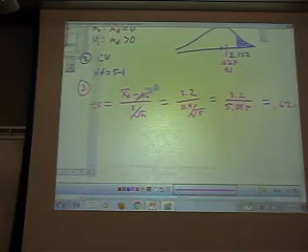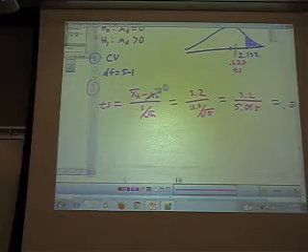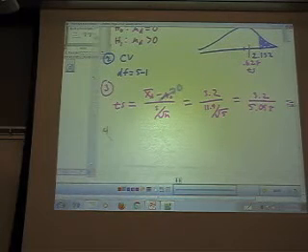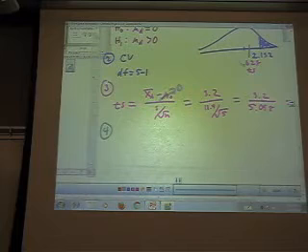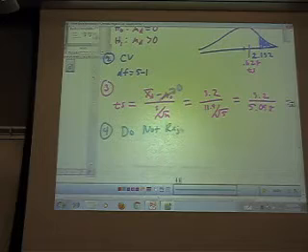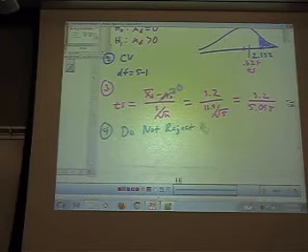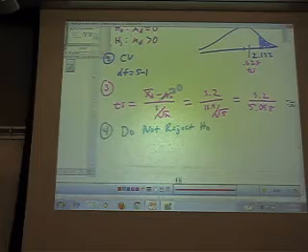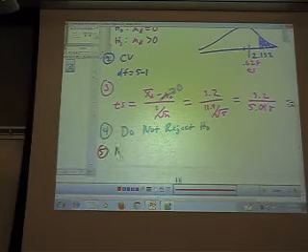So am I going to reject H naught or fail to reject H naught? Do not reject. Yeah, do not reject. It's totally not in the guilty region. There's not enough evidence at all. Do not reject H naught. Step 5. Do I have enough evidence?